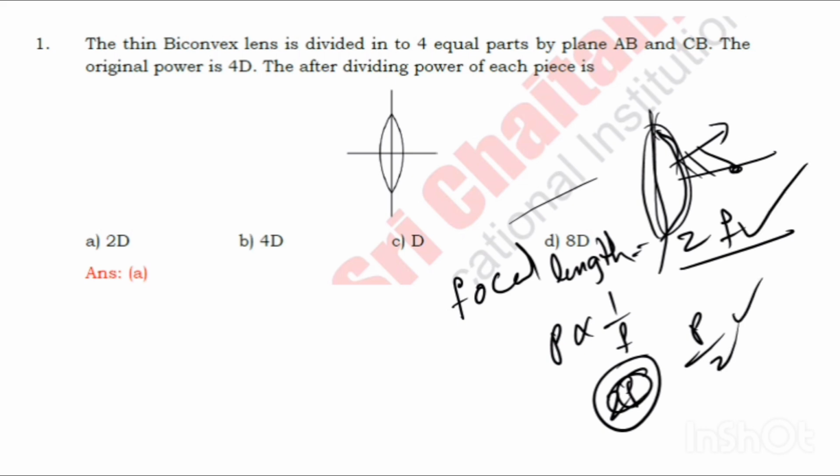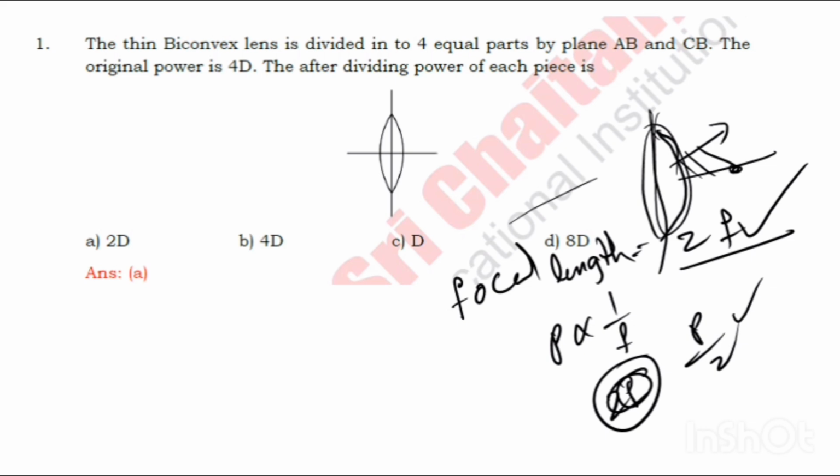If we cut the lens vertically, power is halved and focal length doubled. What about intensity? Intensity never changes because the rays are not missing here, so intensity is not changing.